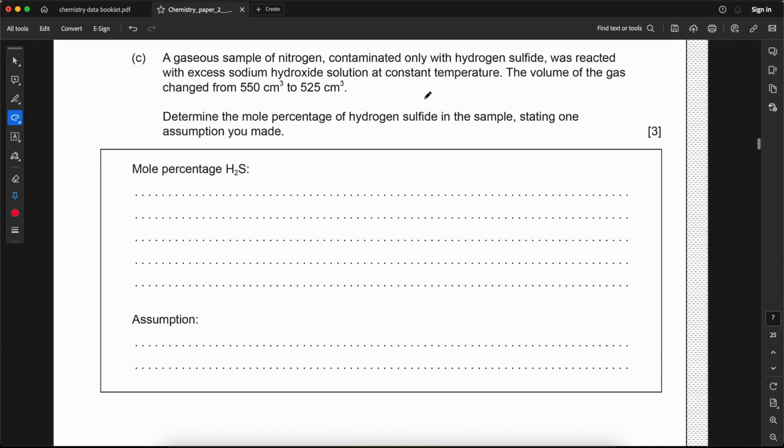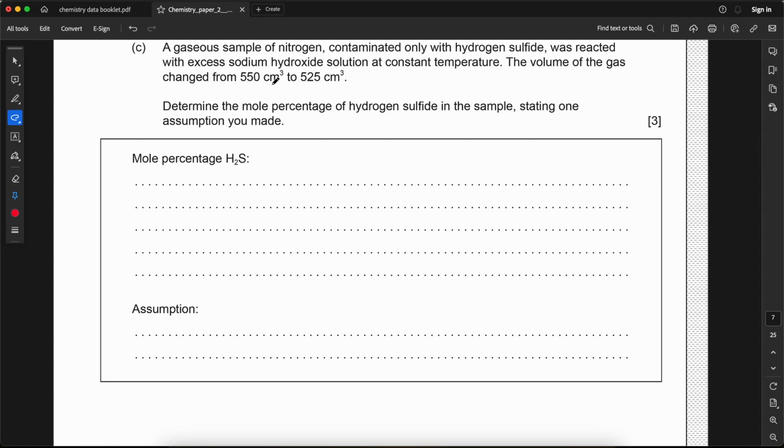A gaseous sample of nitrogen contaminated only with hydrogen sulfide was reacted with excess sodium hydroxide solution at constant temperature. The volume of the gas changed from 550 cm^3 to 525 cm^3. Determine the mole percentage of hydrogen sulfide in the sample, stating one assumption you made.